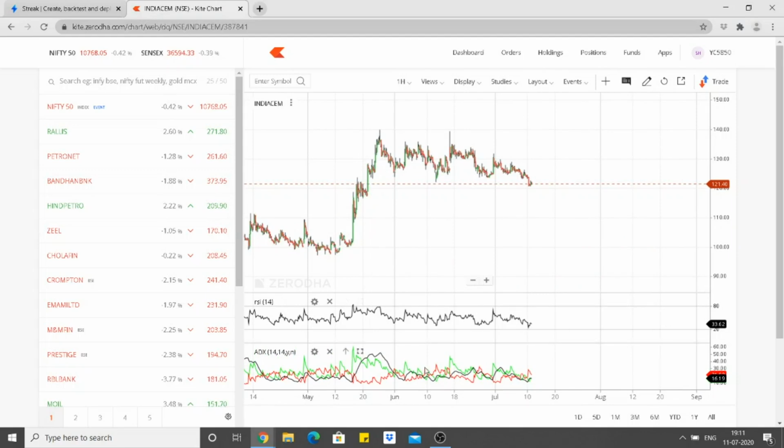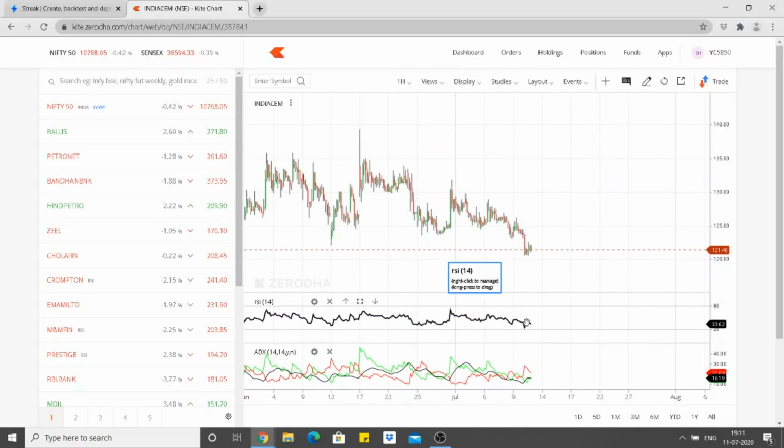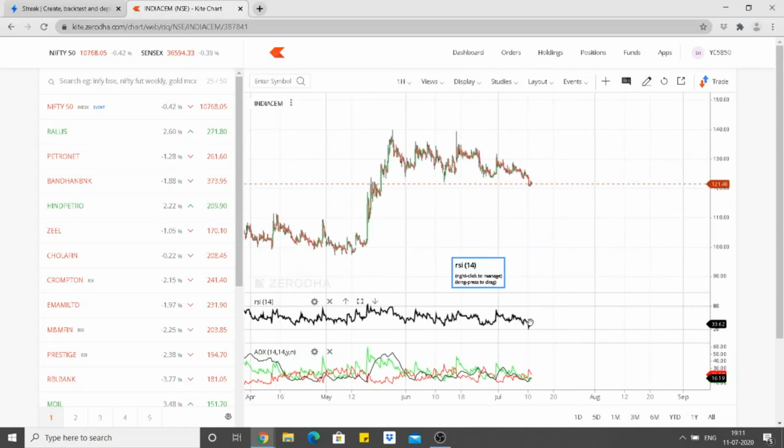This is because again the ADX is below the 20 level. It is at 17, and at the same time the RSI has just crossed over 30, which is somewhat of a bullish signal, and the bullish signal has been received near a support level. So this is how the scanner actually helps us identify crucial trading opportunities that we can use to better our profitability.